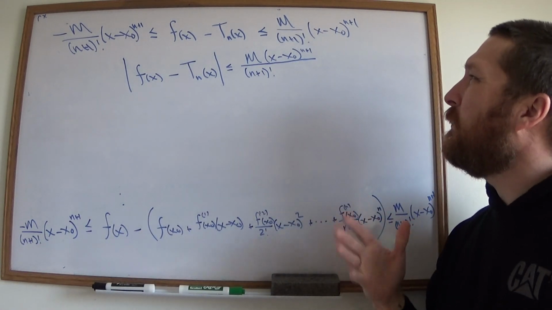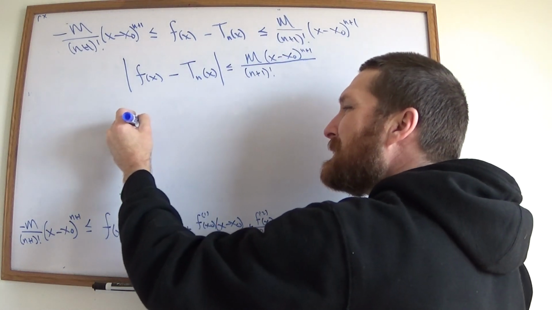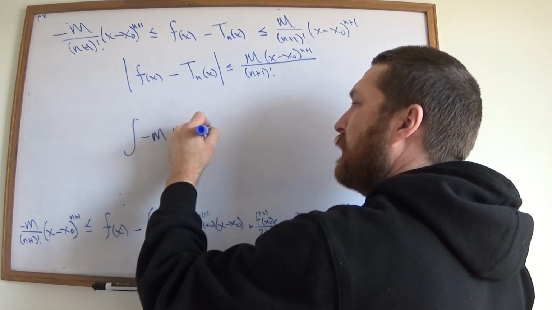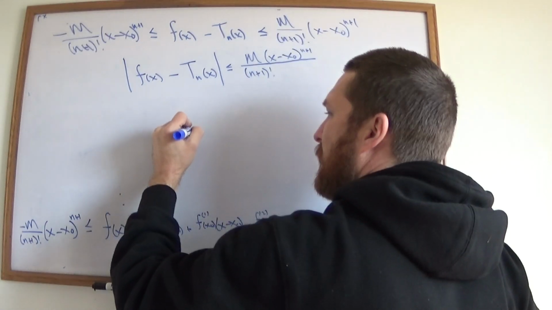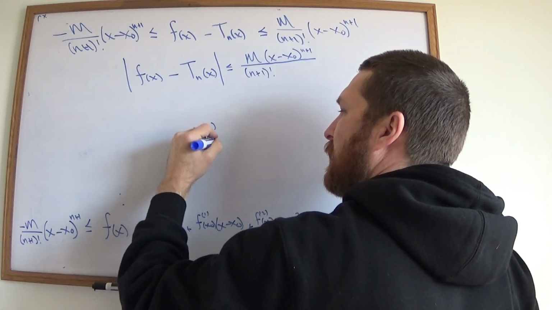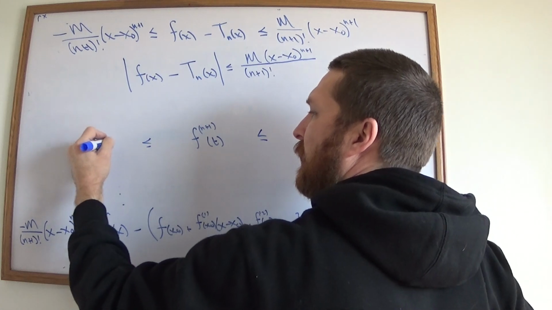So why isn't it absolute value here? Well, I was implicitly assuming when we first started this off, we said that this is bounded above and below.